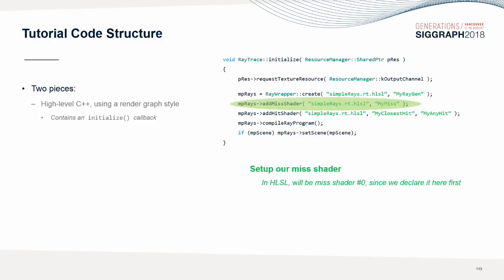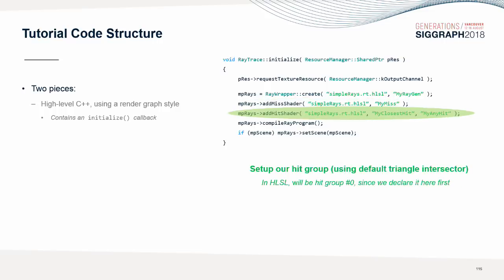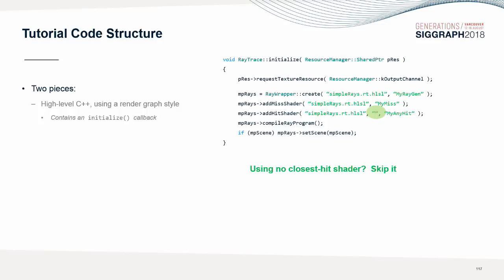This specifies miss shader number 0. With my abstraction, the first one you specify is number 0, the next one you specify is number 1, et cetera. This one specifies hit group number 0. Again, they're specified in the order in code so that you know which number they are. If you don't have a closest hit shader, you can skip it by not passing one in. If you don't have an any hit shader, you can skip it by not passing one in.